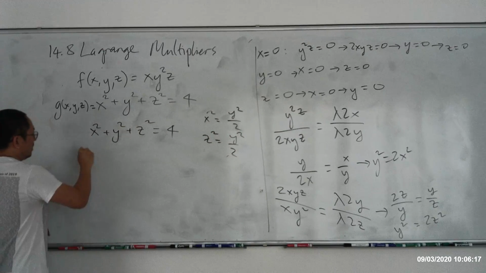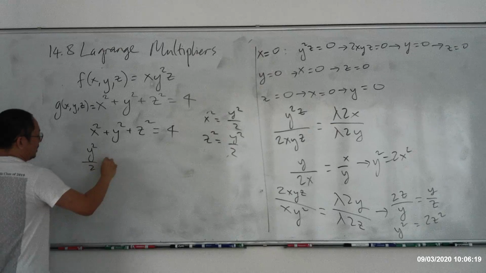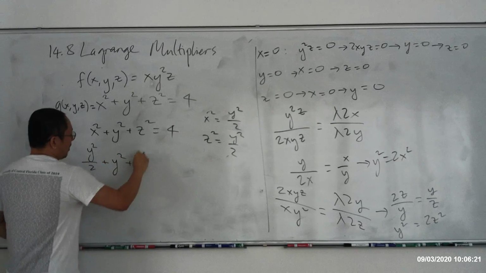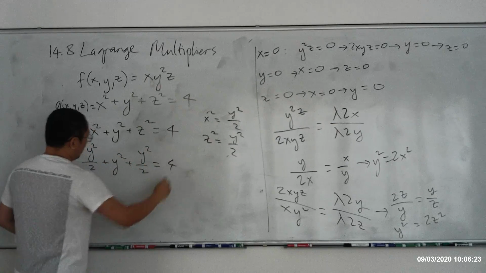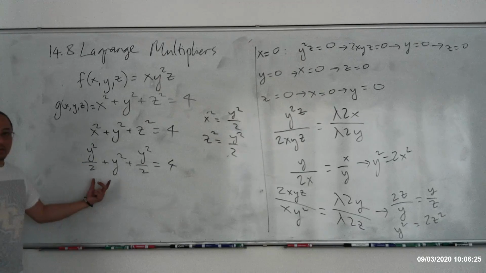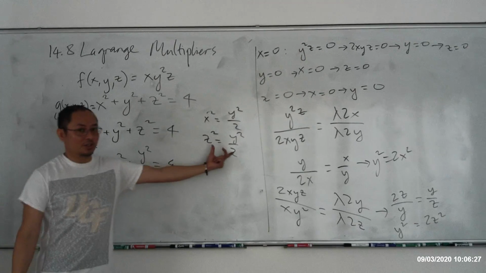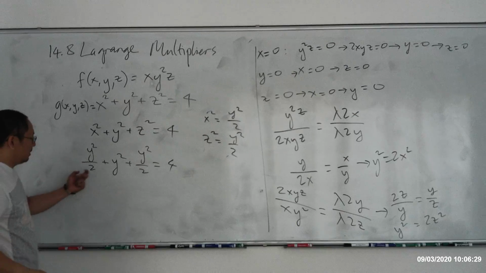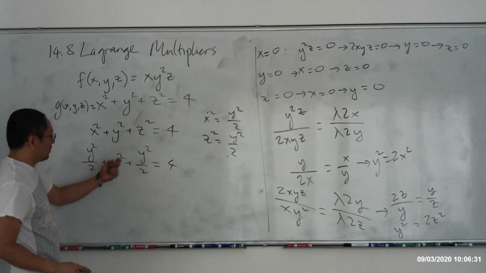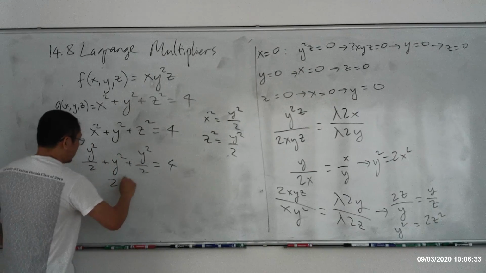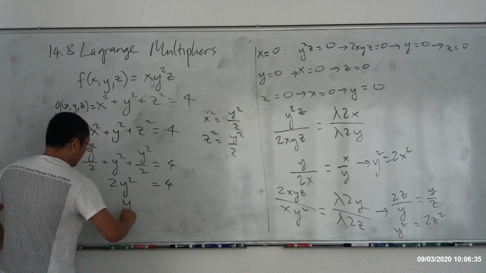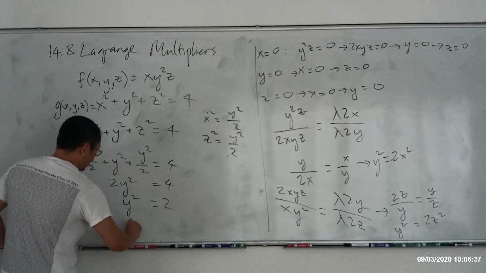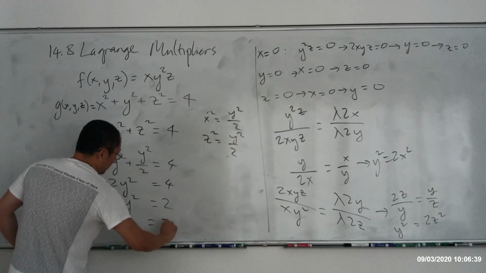Look at here, y squared over 2 plus y squared over 2 equal to 4. Now it's only one variable y, right? What I'm doing right here, substitution. Okay, so a half plus a half is 1, so y squared equal to 4... so 2y squared equal to 4. Y squared equal to 2, so y is plus or minus square root of 2.